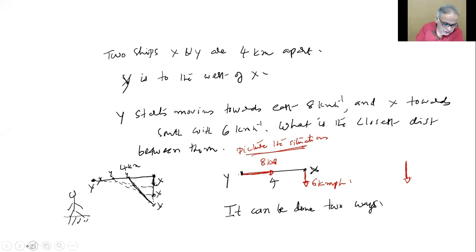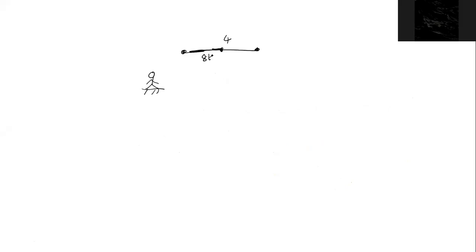I'll go to the next page. Since Gurucharan was talking like that, I'll do it from outside only. Starting on the ground frame only, we do it. Initial distance is 4. So in a time t, how much does this fellow cover? 8t.